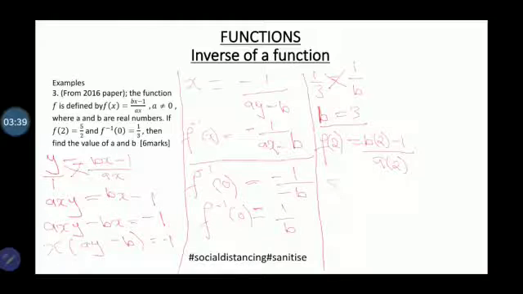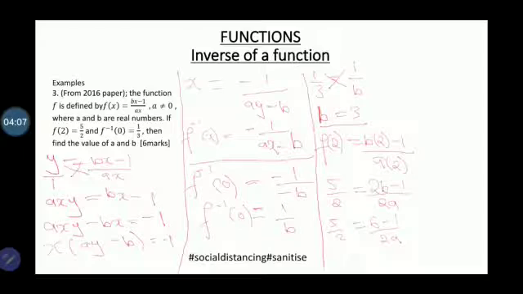So let's have 5 over 2 in place of f of 2, is equal to 2 times b is 2b minus 1 over 2a. We found b to be 3, so let's substitute 3 for b. So we have 5 over 2 is equal to 3 times 2, which is 6, minus 1 over 2a.